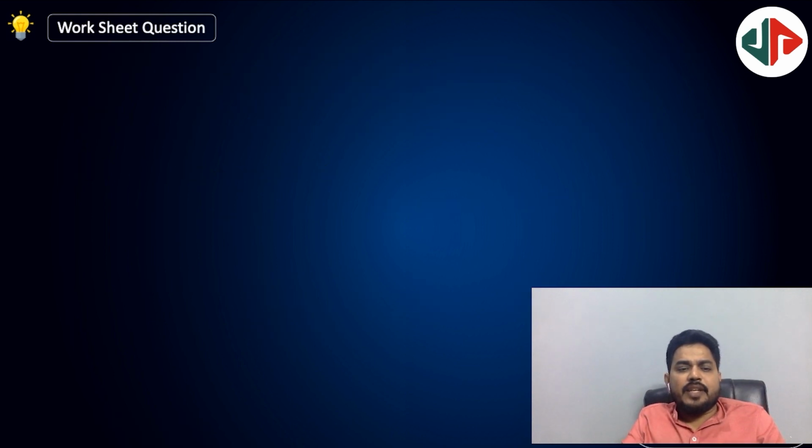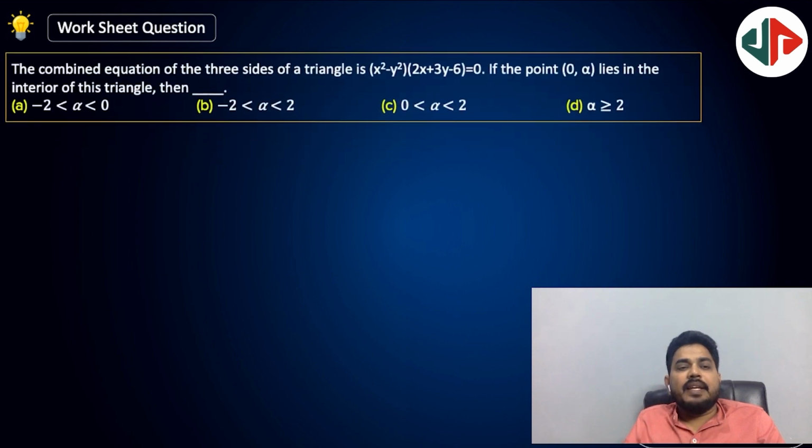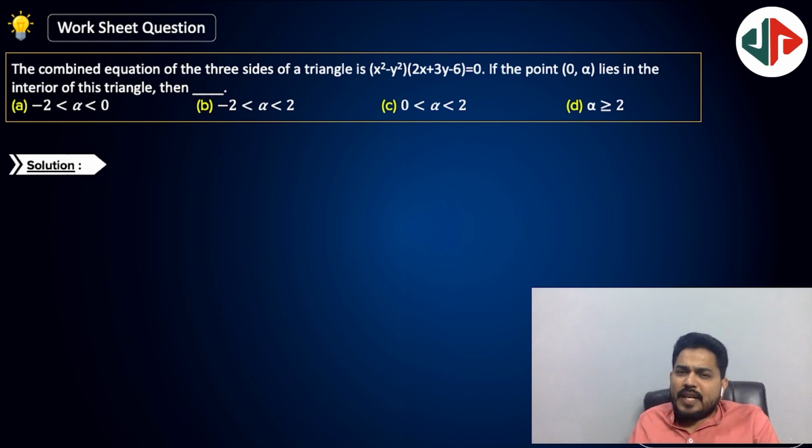Next question is: the combined equation of three sides of a triangle, and if (alpha, 0) and (0, alpha) is the thing, what is that? So carefully look here. One line is x equal to y. Another line is x equal to minus 1.